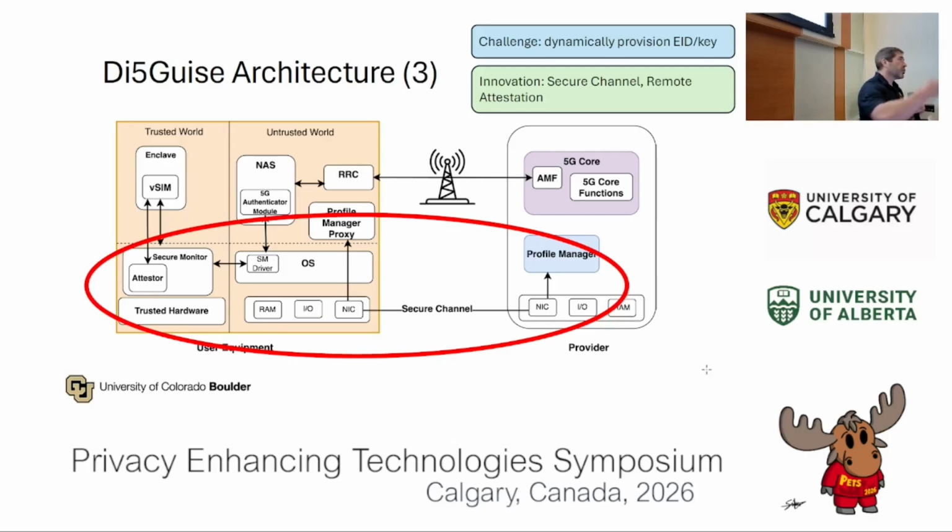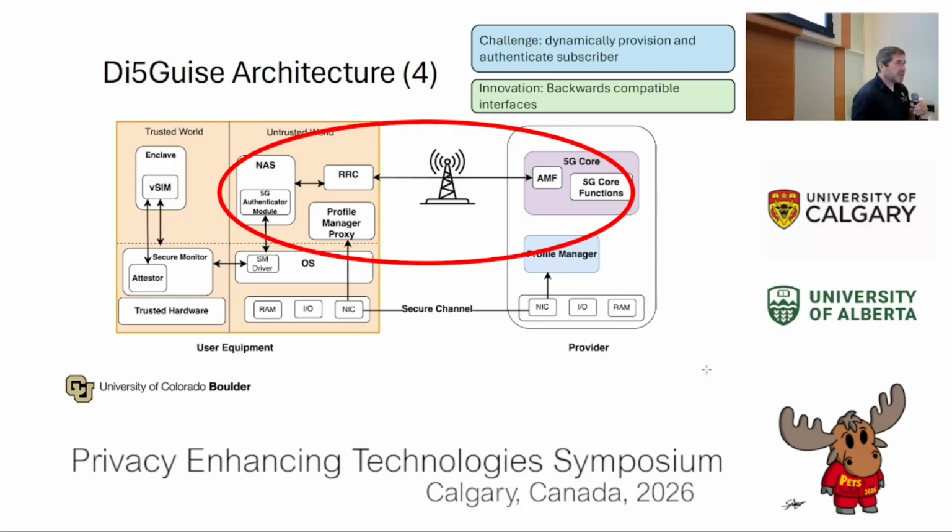But they have to be able to trust that you are using a trusted execution environment: prove it to me, prove that you're running the software that's known. So we describe a protocol that can establish a secure channel, and then leverage remote attestation to verify to the provider that this is a known software stack and hardware stack, and then they can install this profile.